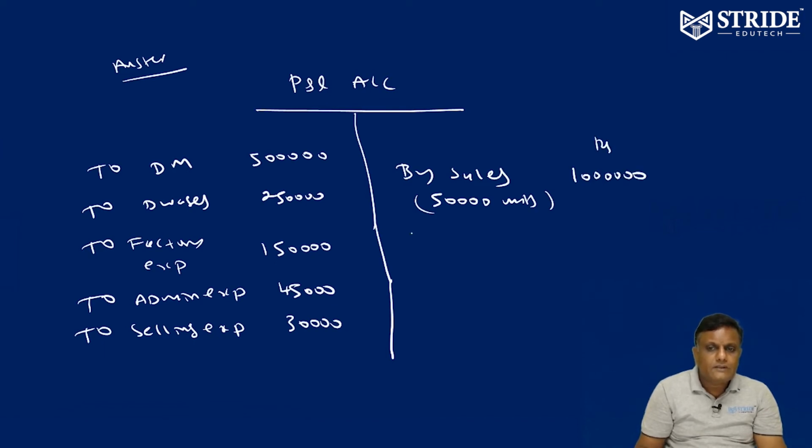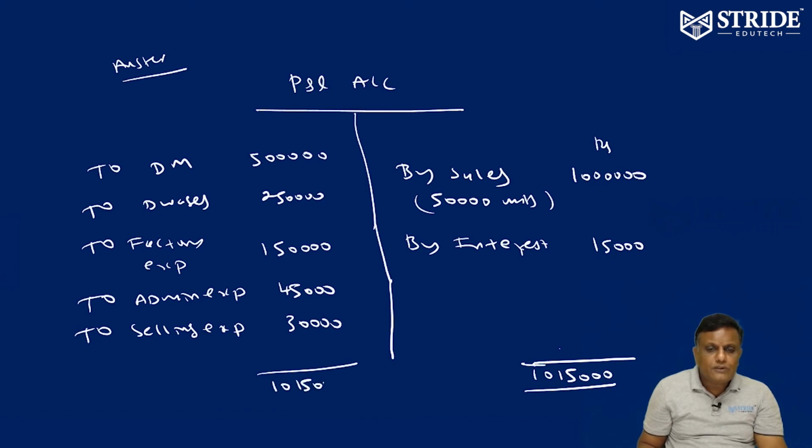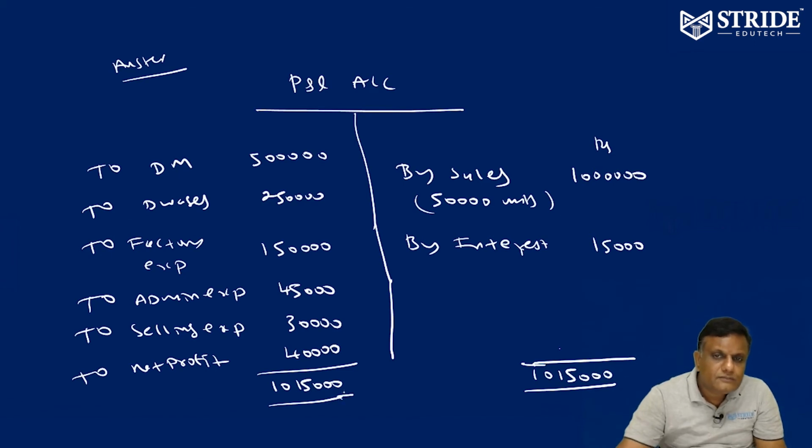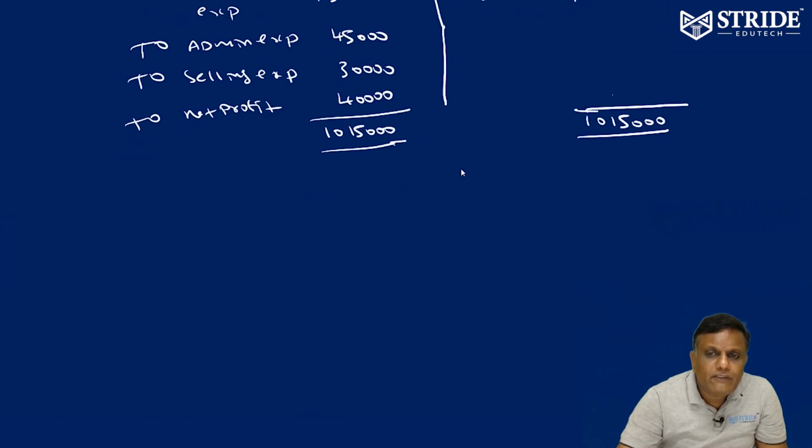No need to prepare trading and P&L separately, straight away you can put it in the P&L account. By interest 15,000, straight away. So total 10,15,000. Missing figure, net profit. So net profit 40,000. This is the P&L account, right? Now we have to prepare the cost sheet.